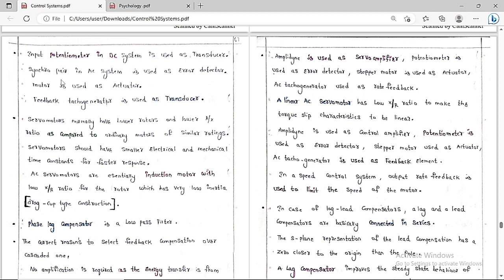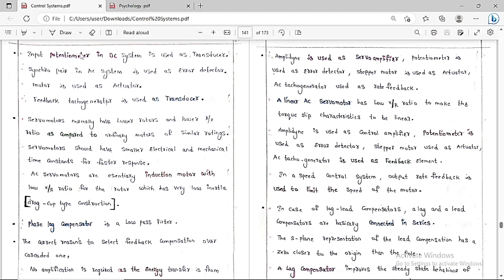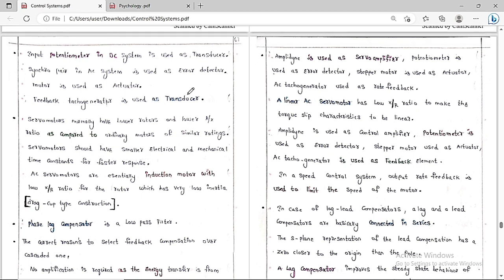I've already told you the meaning of transducer. Transducer is very simple. We convert the physical parameter to an electrical parameter, that is called a transducer. In the case of the potentiometer, the input is displacement and the output is electrical voltage, so it is used as a transducer.